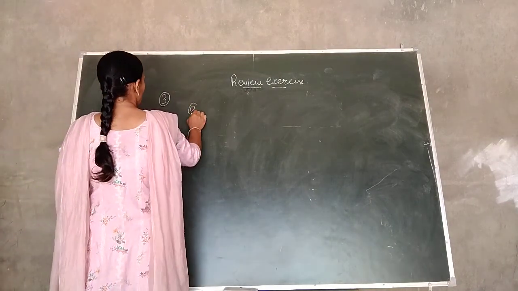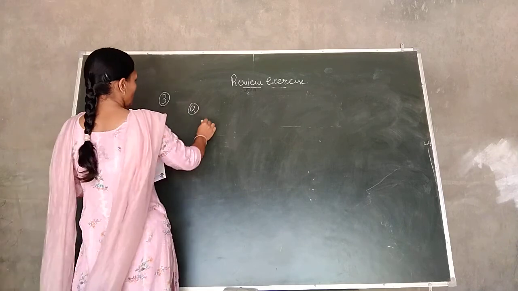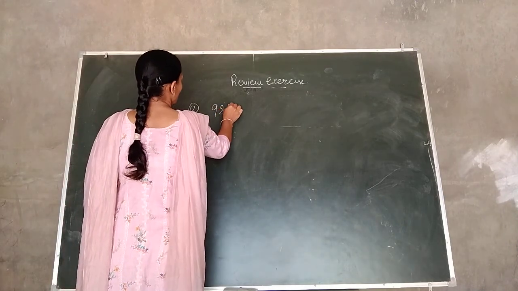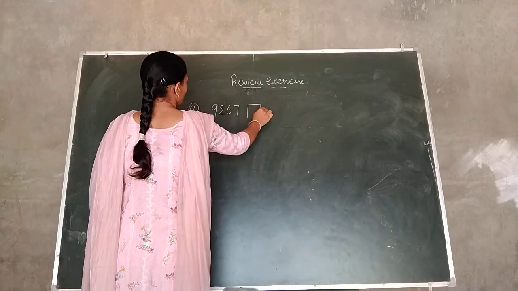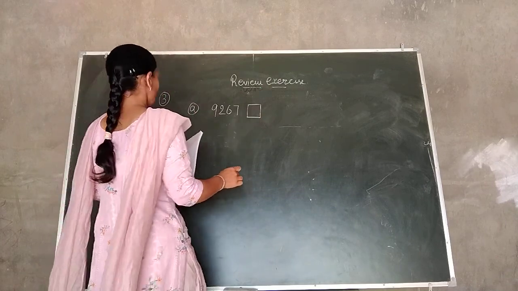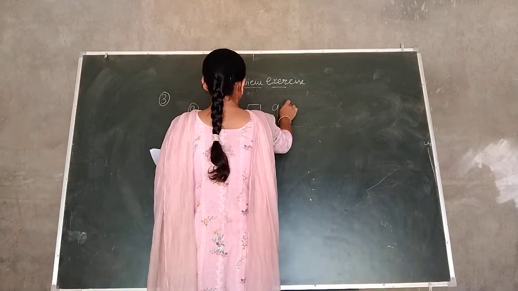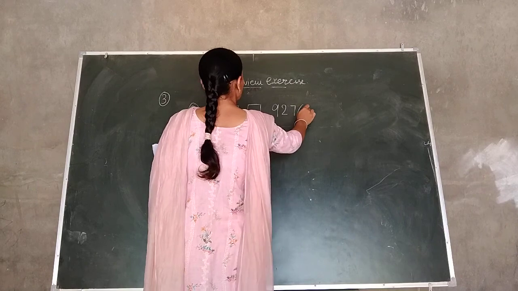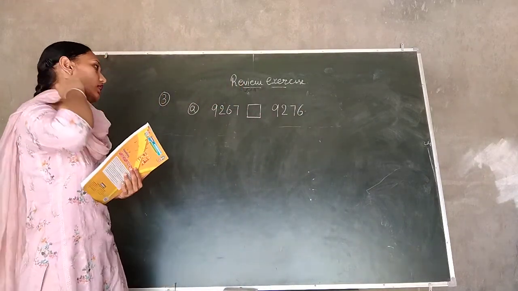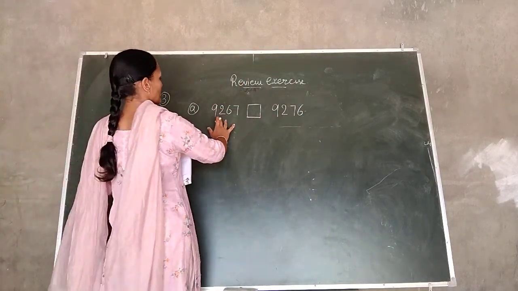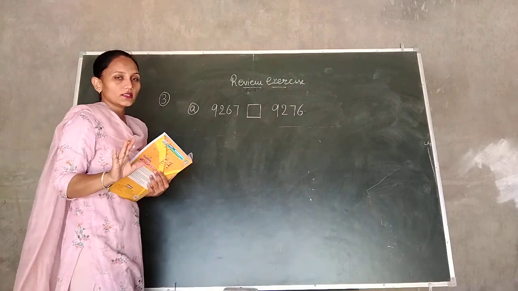Question, A part: 9267 and the next number is 9276. First of all, we will count the number of digits. Both the numbers are of 4 digits.